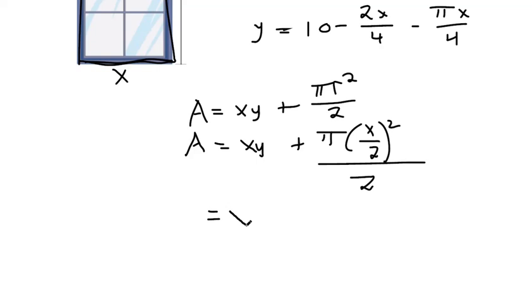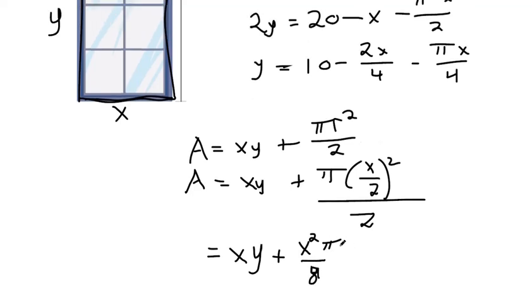We can clean up that fraction a little bit. That's x squared over 4. If the whole thing is being divided by 2, it's the same thing as multiplying by 1/2, so multiplying that bottom gives us 8. There it is, all nice and neat, cleaned up.